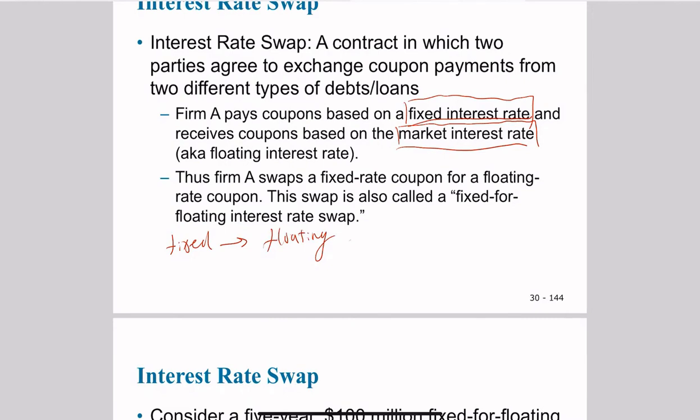So if a firm enters into this contract, it basically means this firm will have to pay the fixed interest rate and it will receive floating interest rate. Or we could have the other case, floating to fixed. So in this case, the firm entering this contract will pay a floating interest rate to the other party, and the other party will pay the fixed interest rate to the firm.